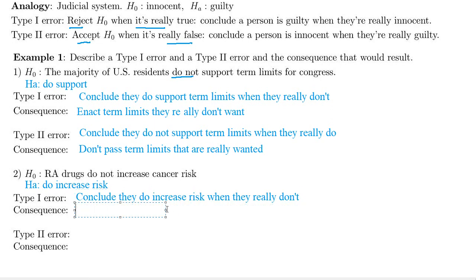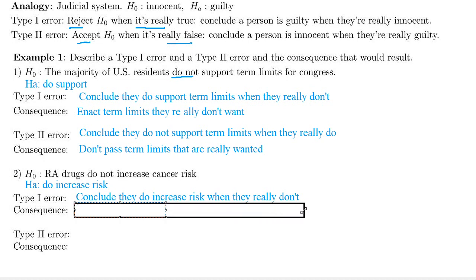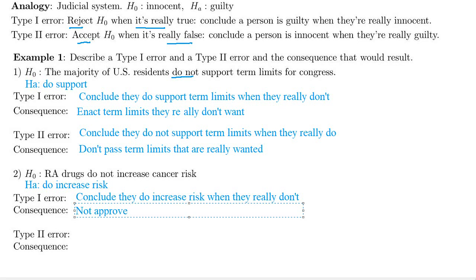So you're going to conclude that these drugs increase risk when they really don't, and cancer probably is more severe than autoimmune disease. So it could be the case that the FDA says, oh, this risk is too high, we're not going to approve this drug, depending on what the sample data say. So we could not approve a safe drug because we think it causes cancer, but it really doesn't.